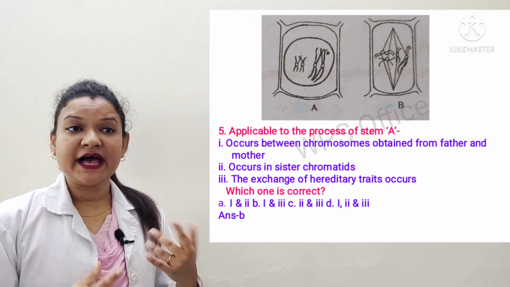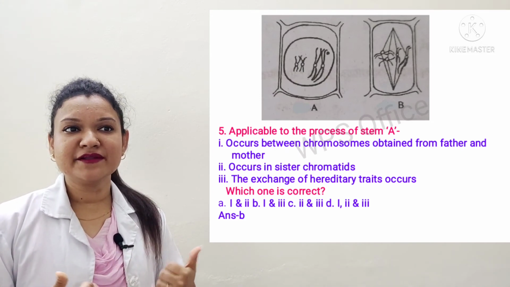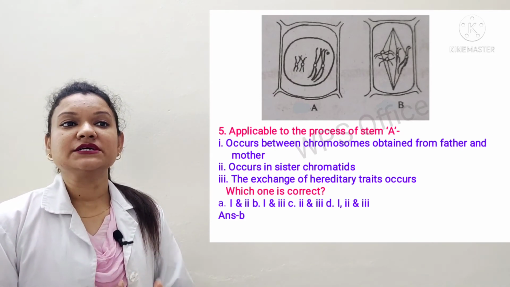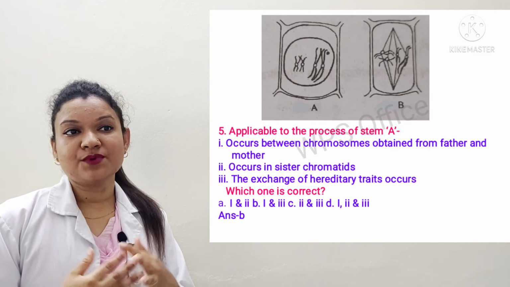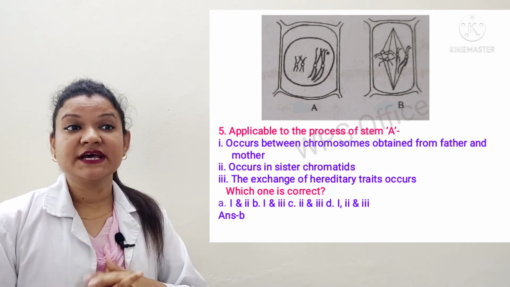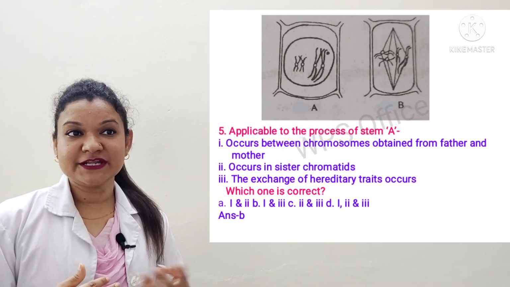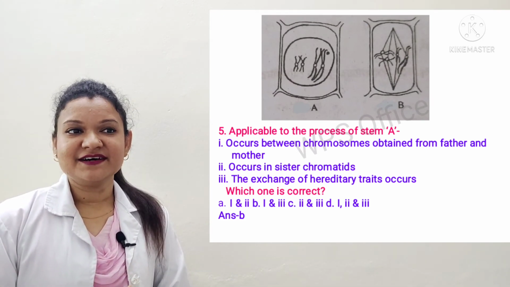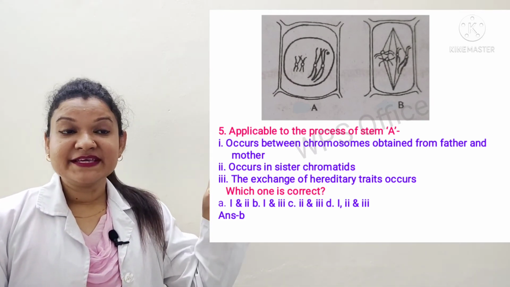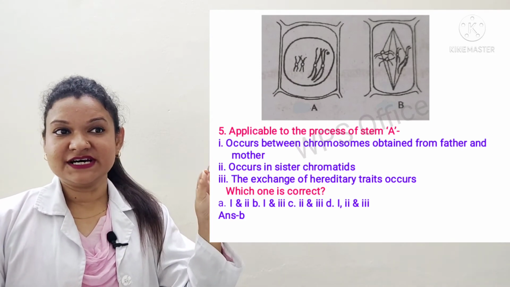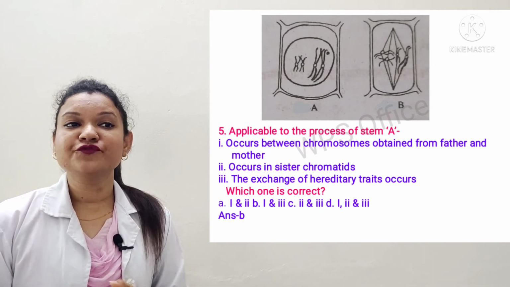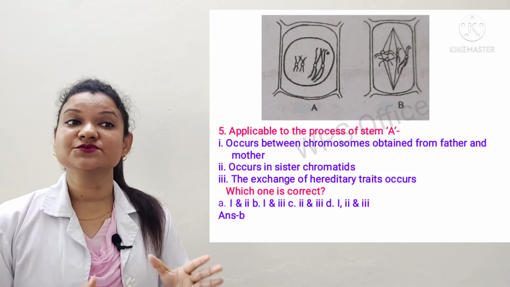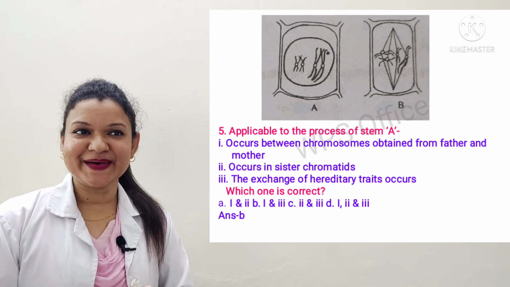Meiosis 1, prophase 1 has 5 substages: leptotene, zygotene, pachytene, diplotene and diakinesis. Our stem A is actually a substage of prophase 1 of meiosis 1, and that is pachytene.